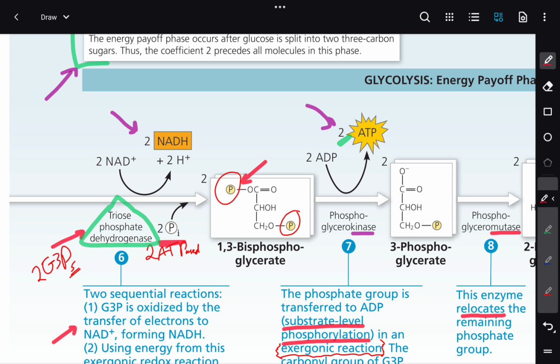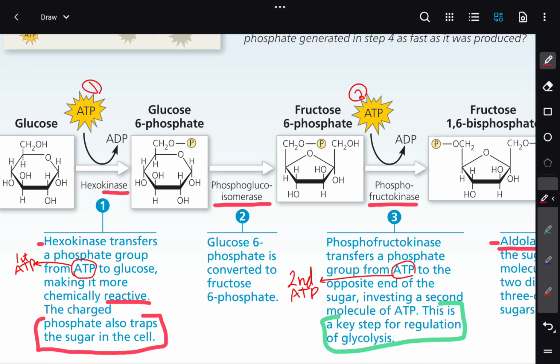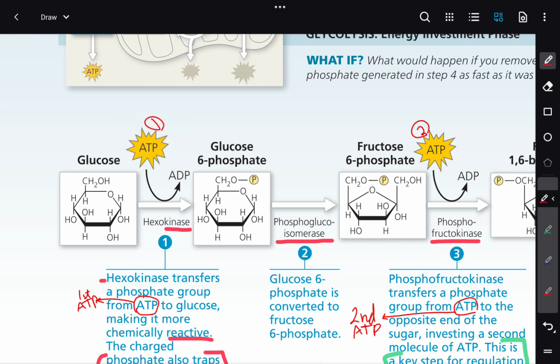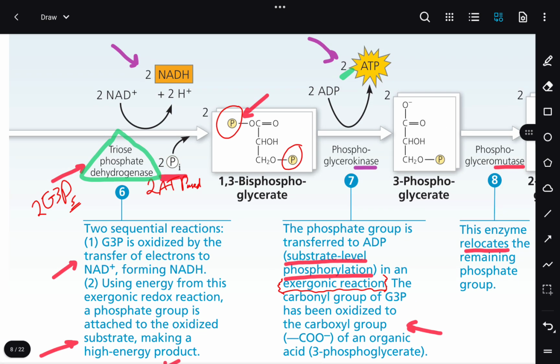Remember that the first 2 will be taken from G3P directly, and the other 2 will be taken from the step where ATP is used, because the phosphate group from ATP will replace something in the molecule, and that something is the H. So 2 ATPs used, 2 H pluses are available now, and the other twos are grabbed from G3P using triose phosphate dehydrogenase.